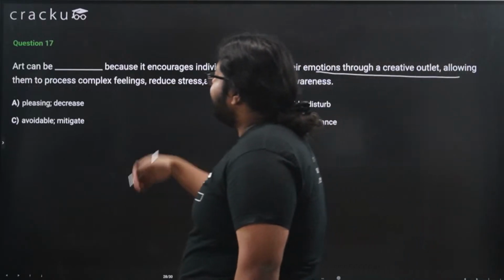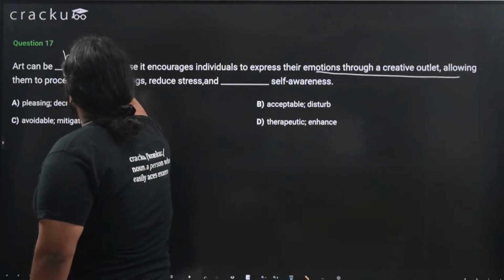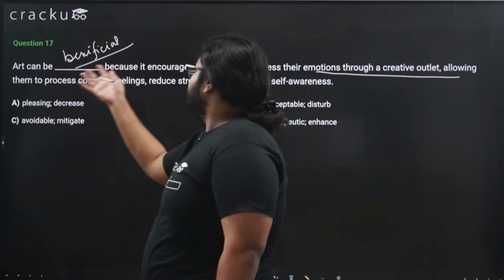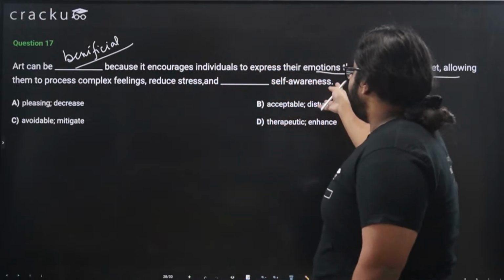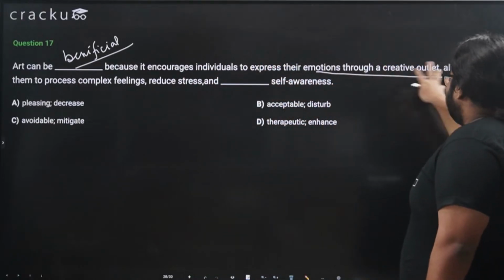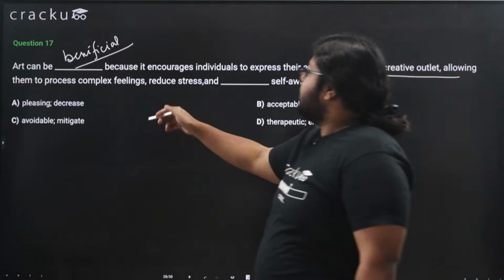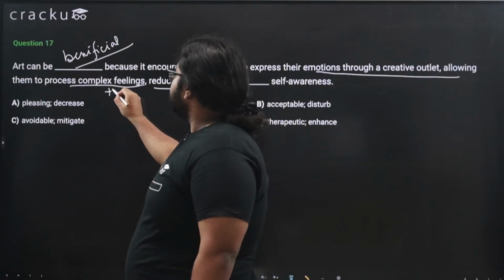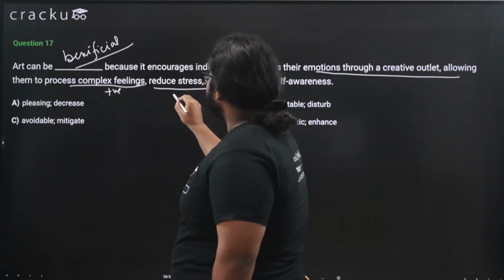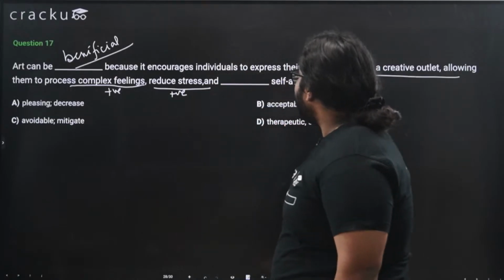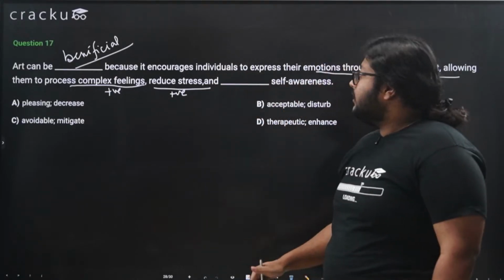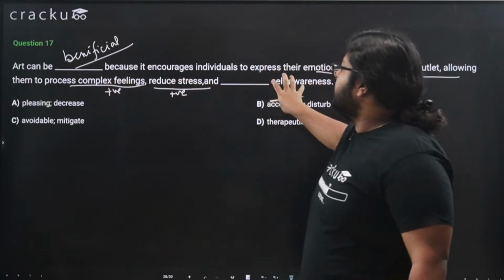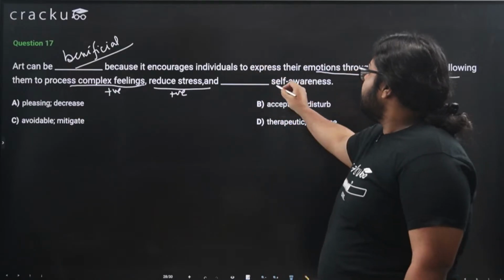Okay, so art can be something like beneficial here, or art can be helpful because it encourages individuals to express their emotions through a creative outlet, allowing them to process complex feelings, reduce stress. See, processing complex feelings is a good thing. Reducing stress is again a good thing. And dash self-awareness. Art can be beneficial because it does this good thing, this good thing. This also has to be a good thing.